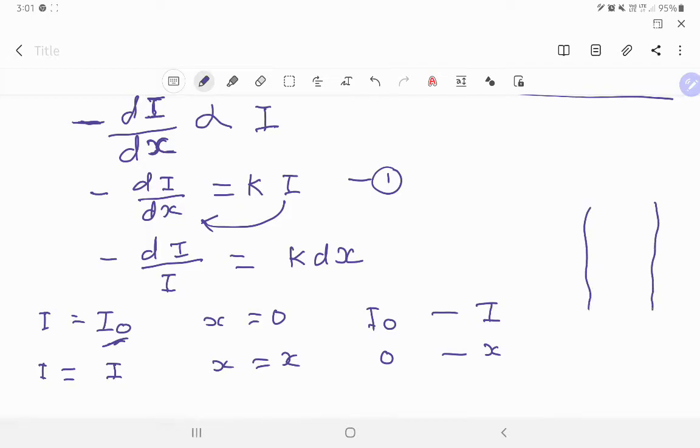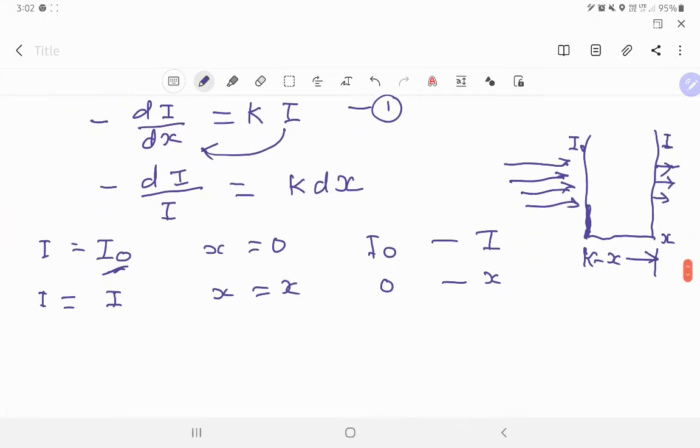If we consider this thickness of absorbing medium as x, and this is the incident radiation, we integrate between the limits I0 at the entry of this system, where x is 0, and up to the radiation coming out, where the intensity will be I when x is the thickness of the absorbing medium.